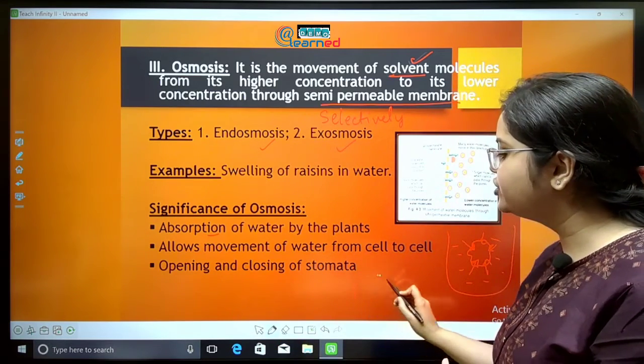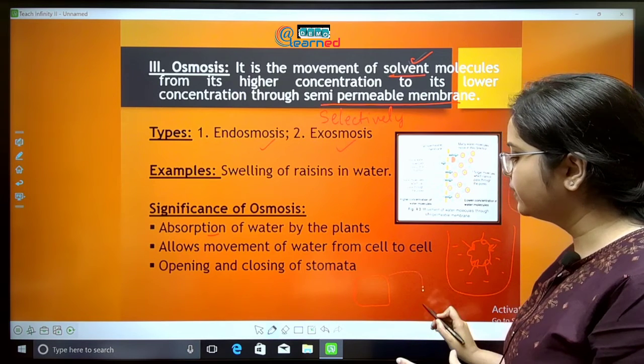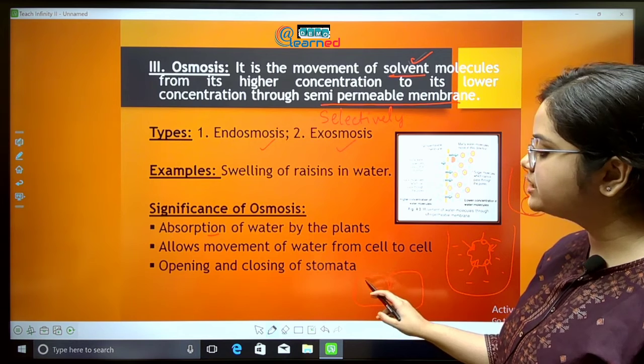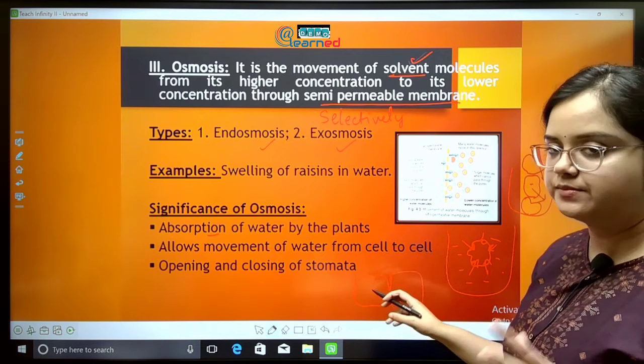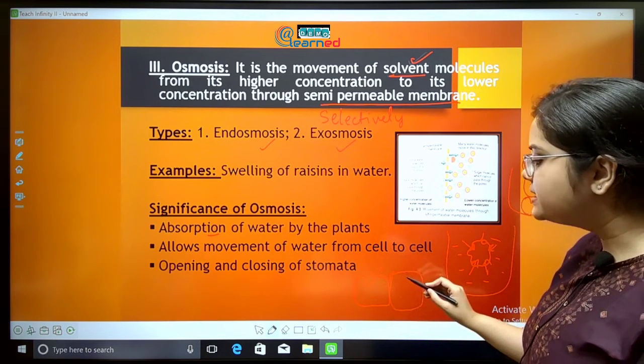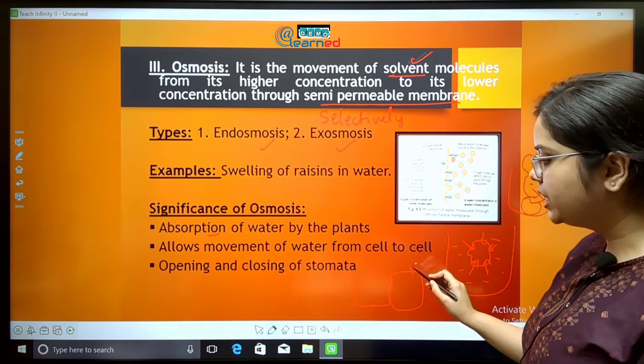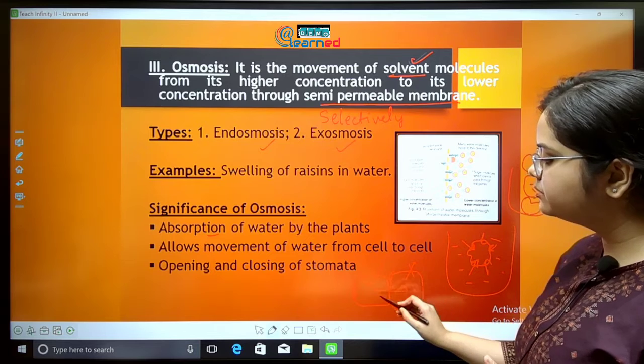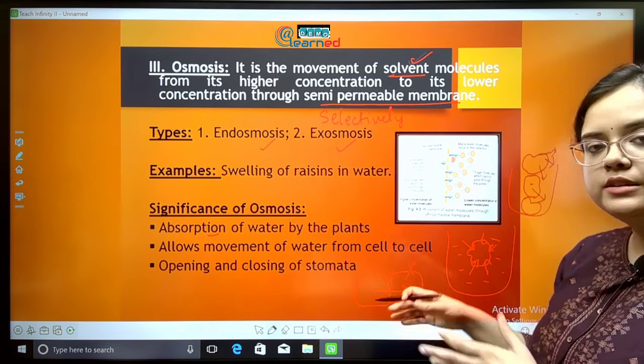Suppose there are two adjacent cells. This is a cell which has higher water concentration, solvent concentration. This cell has lower water concentration. So I am putting a cross here to show lower water concentration. So water molecules will move towards this side.